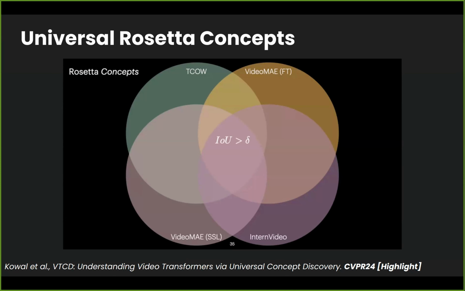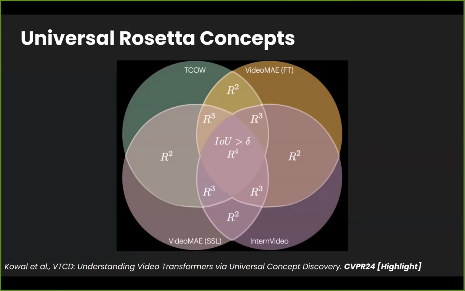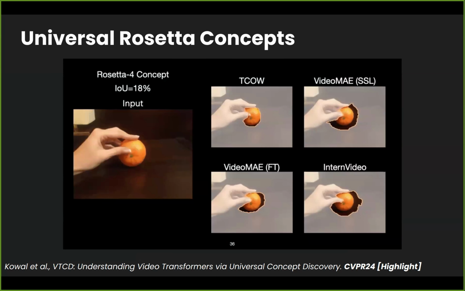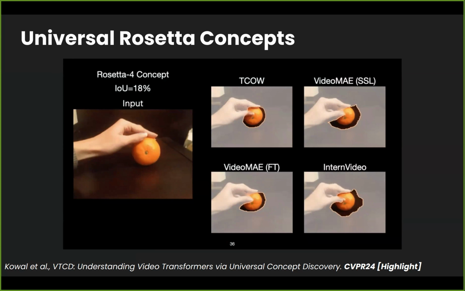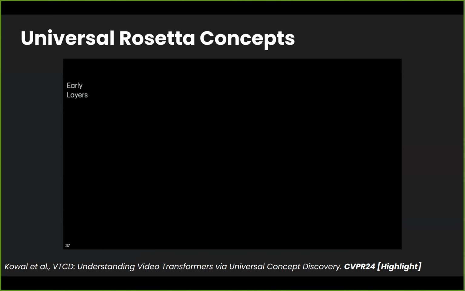And if this IOU is above a certain delta threshold, then we consider this concept to be universal across all 4 models. And we also looked at subsets. And so, interestingly, we found quite a few similar or universal concepts. Here's one that's shared by all models. It captures rolling objects.